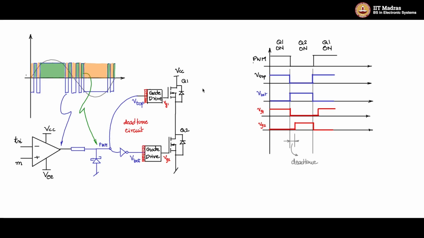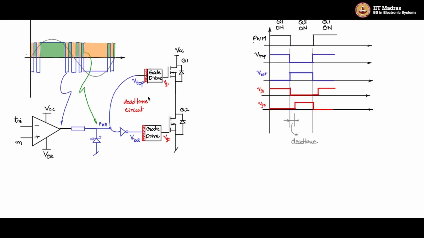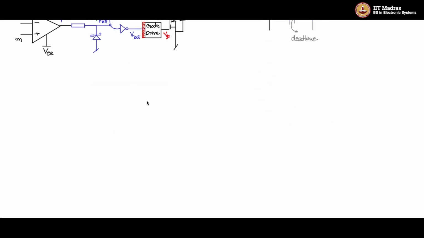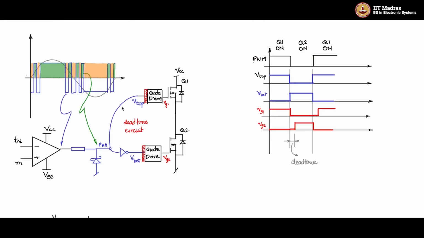Let us now draw the circuit for this part here, the dead time generation circuit. So let me make some space here, and I will use two AND gates to explain this concept. The first AND gate is the one which is connected to the VTOP waveform, that is, which is connected here.